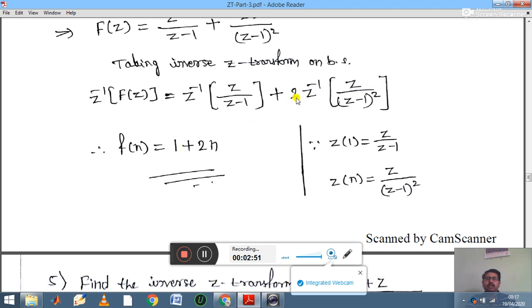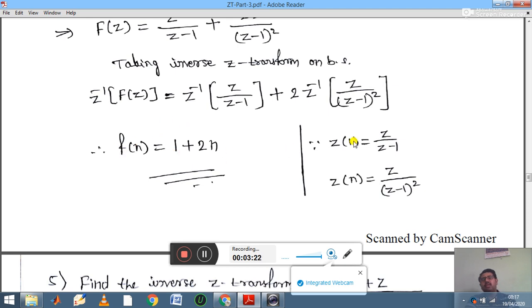The same way here 2 as it is, and the inverse z transform of z by z minus 1 whole square gives n. Therefore the inverse z transform of this second term is n. So the final inverse z transform value for the given expression is f of n is equal to 1 plus 2n.